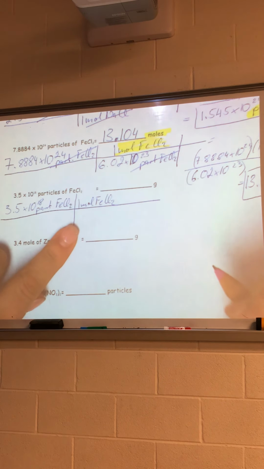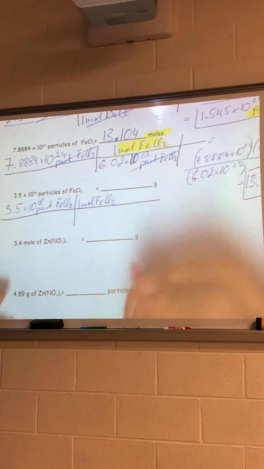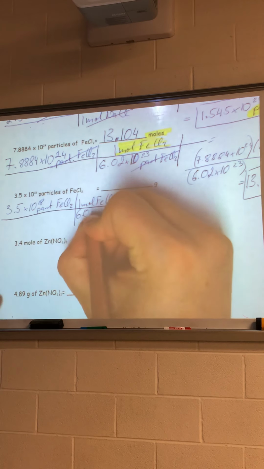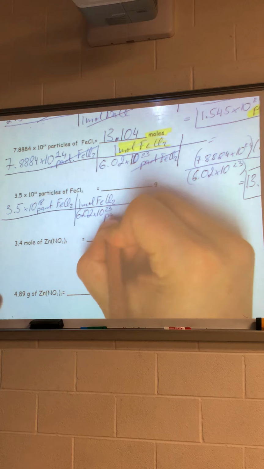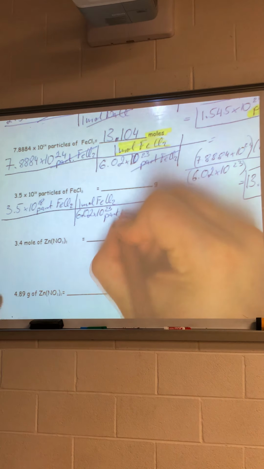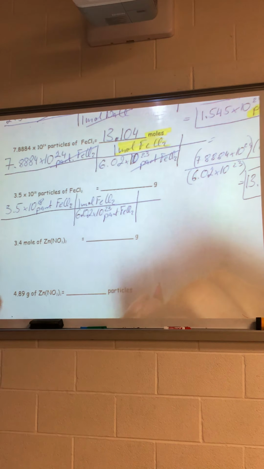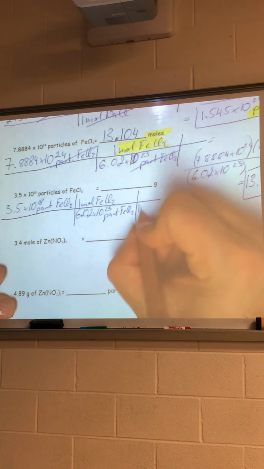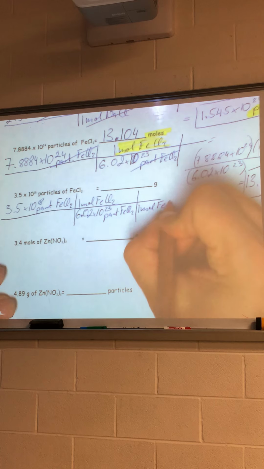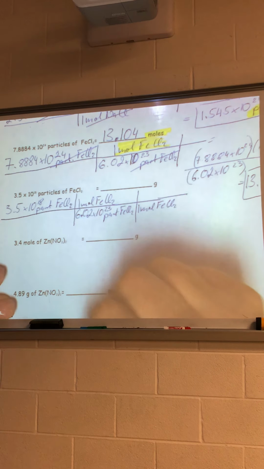But I have to change it into particles first, right? So 6.02 times 10 to the 23rd particles and 1 mole of FeCl2 is what?